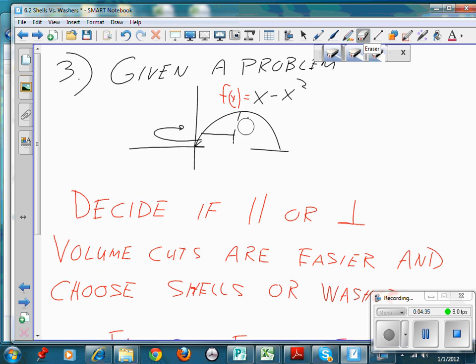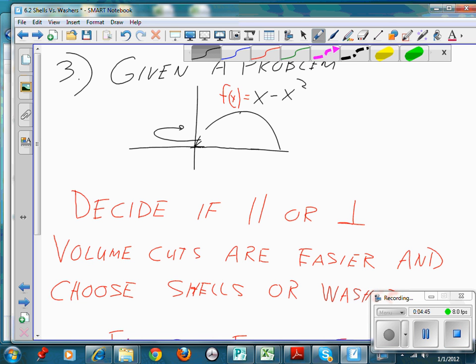Now, I want to rotate this around the y-axis. What's my best bet here? Well, this is a shell right here, so this would be to use shells. Or if I want to make cuts this way, this would be discs or washers.